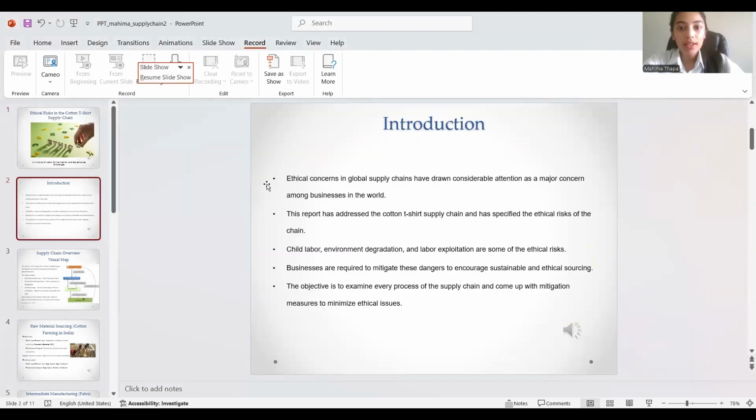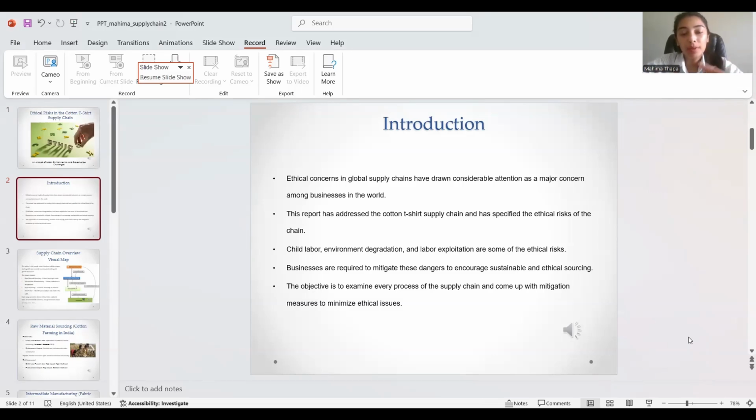Okay, talking about the introduction, we can see that ethical concerns in global supply chains have drawn considerable attention and are a major concern among businesses in the world. From cotton fields to retail shelves, there are serious concerns around labor rights, environmental damage, as well as government issues.